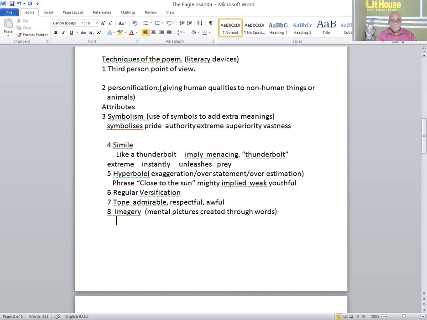In poetry, there are 5 types of imagery. Number 1: visual imagery.